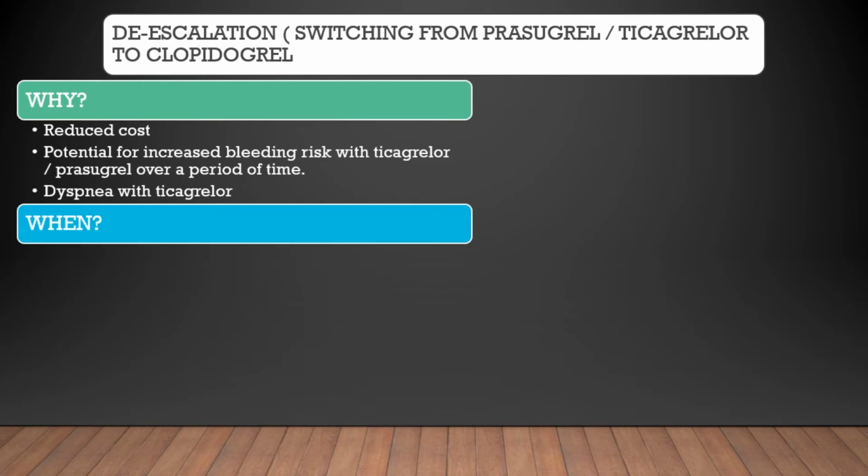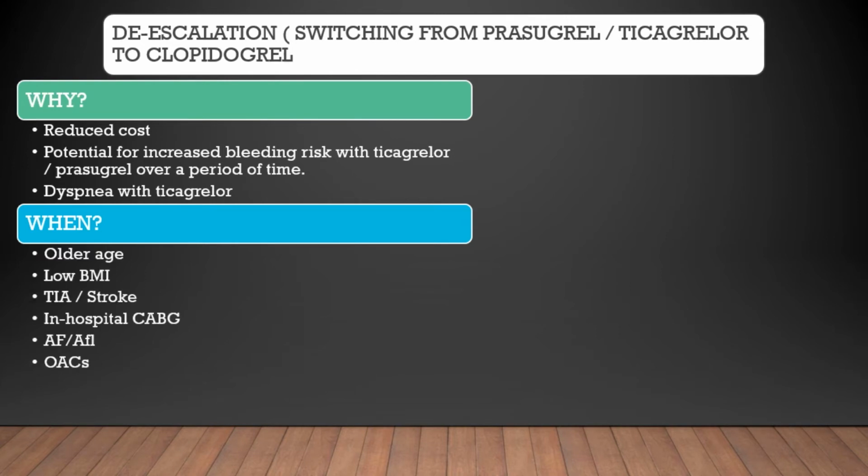And the other indication might be dyspnea with ticagrelor. If a patient has a stroke or transient ischemic attack, or patients who have a low body mass index and a weight less than 60 kg, these patients are generally de-escalated. Or if they have a contraindication in the first place.